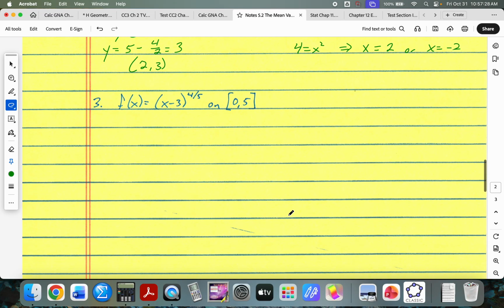All right, let's take a look at number 3. So first question, is f continuous on the closed interval from 0 to 5?